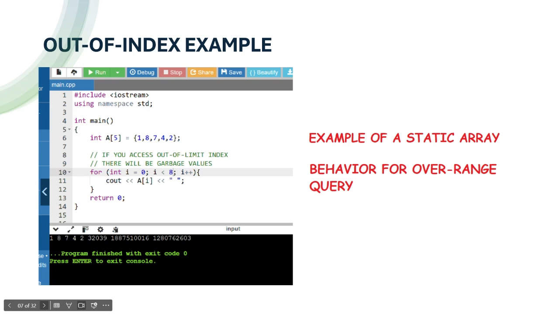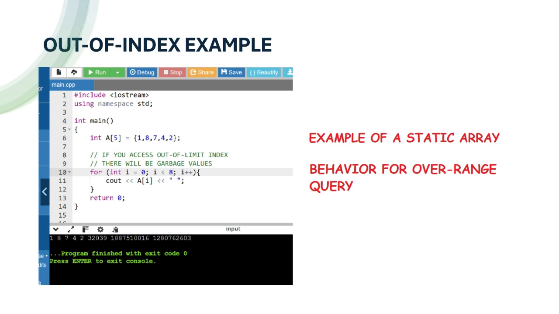However, in our query, we want to access the memory blocks from 0 to 7, which is i from 0 until i less than 8. So you can see, even though we only have 5 elements, we are asking the program to query 8 elements. Because 5 is less than 8, this is gonna cause the overrange query that we are talking about.